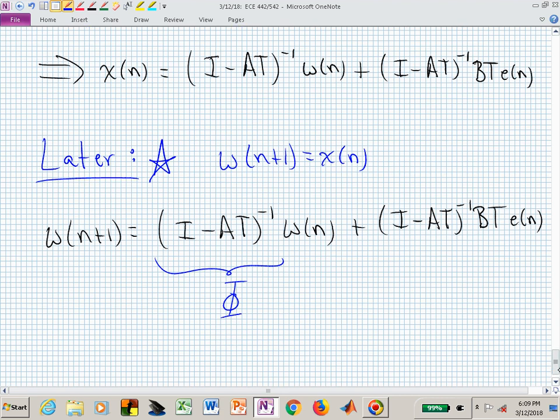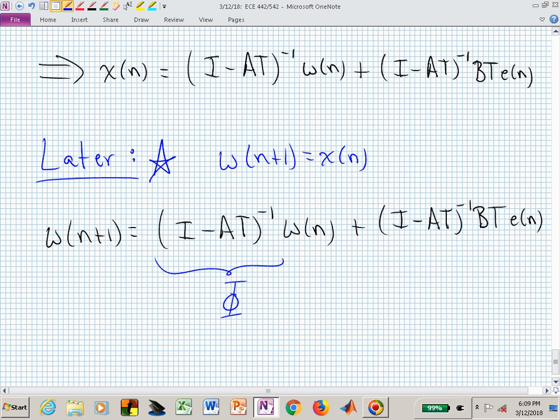So phi matrix in this case, the question was phi needs to be in front of x of n. Now what we're doing is we're actually changing the state variable. We're making it w. We're now having dynamics of w of n plus 1 equal some system matrix phi times w of n plus some matrix times the input. As long as we keep the input and the output the same, the state vector could be a little different.